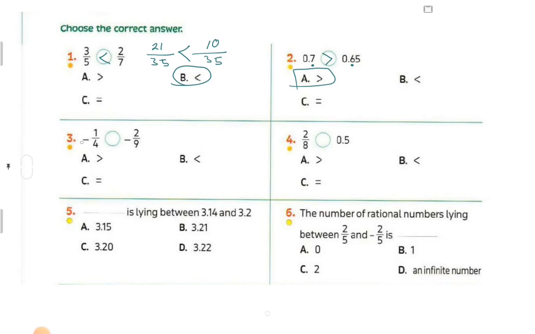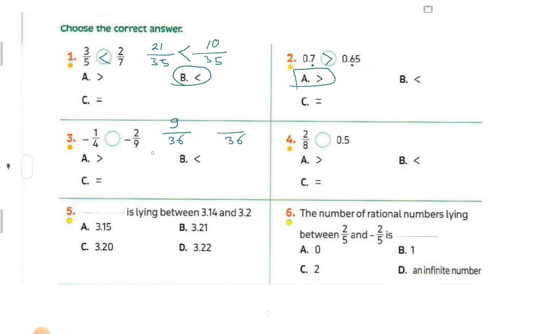Okay. Point 3, negative 1/4 and negative 2/9. It's a negative sign. Okay, and we have 4 and 9 and 1 and 2. For 4 and 9 we find the lowest common multiple, and we can also multiply them by each other. 4 times 9 equals 36. Okay, 4 times 9 and 1 times 9 equals 9.